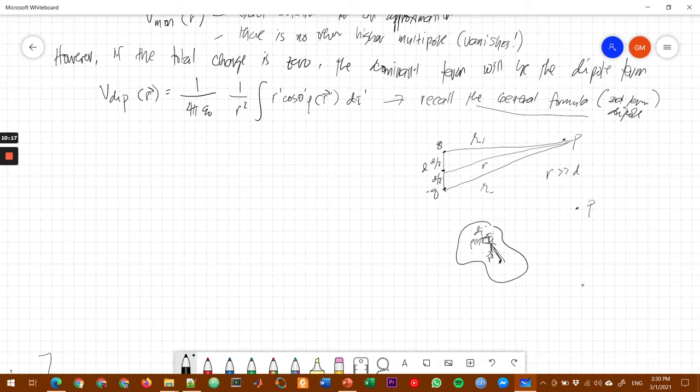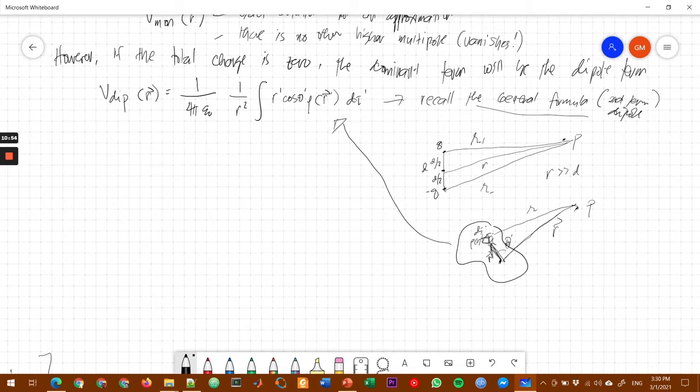From the origin to the field point, again, we have r, and the angle between r and r prime is theta prime. We already solved this, that's why we have the formula: r prime cosine theta prime rho r prime d tau prime.